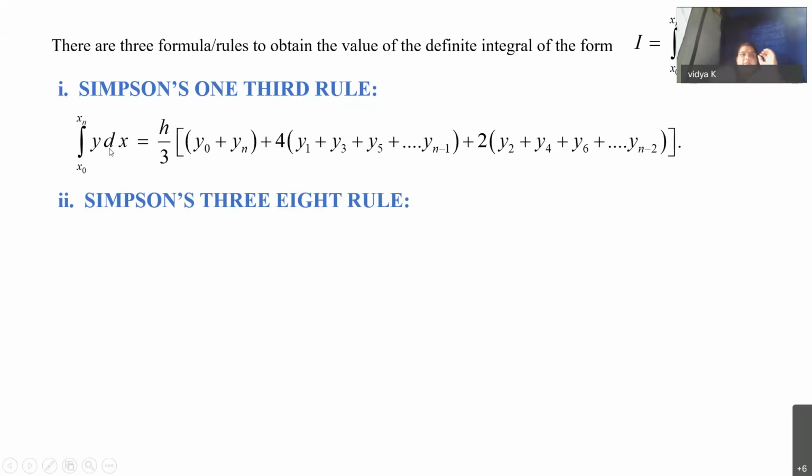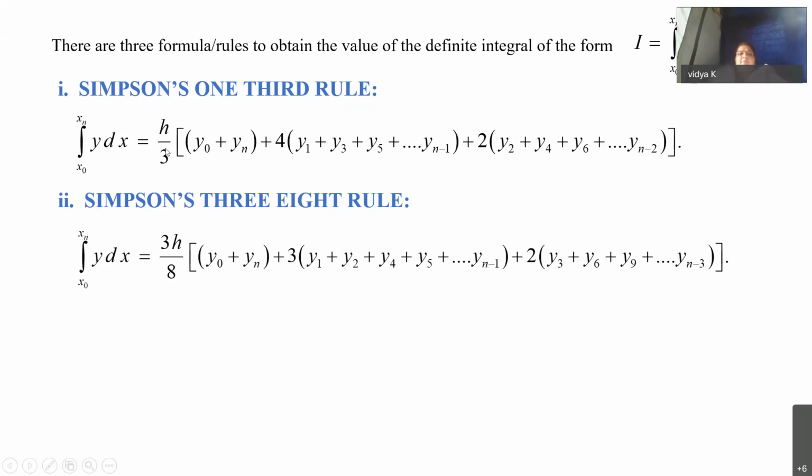That is the very, very easiest way, and we use these applications in our PhD work also. It has a very vast application. In my thesis work also, I have applied Simpson's 3/8 rule. You have to learn this formula by heart, because the proof is not included in your syllabus, you being technical people.